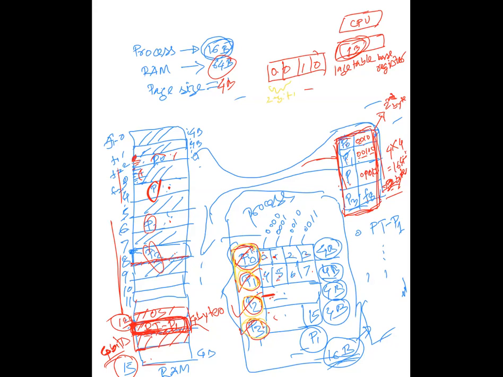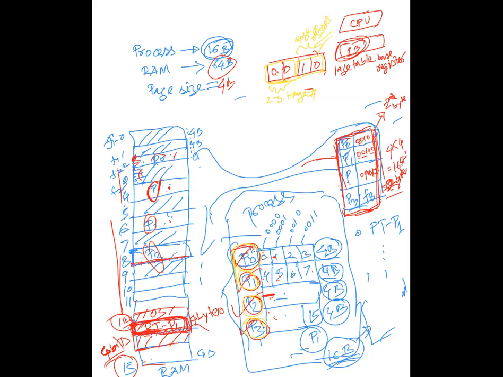This MSB, most significant bit, is for the page number, and the next 2 bits represent which byte the CPU is requesting within this particular page. This is called the page offset.